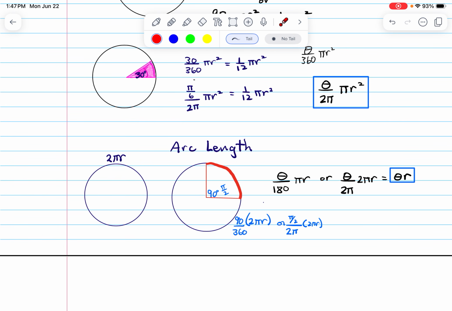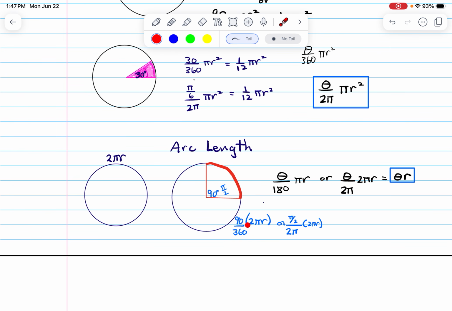Okay, so here's what's going to happen. We've got theta over 180. Now notice, let me just clarify that down here. Notice how I got this. I've got 90 over 360, that fraction of 2 pi r.